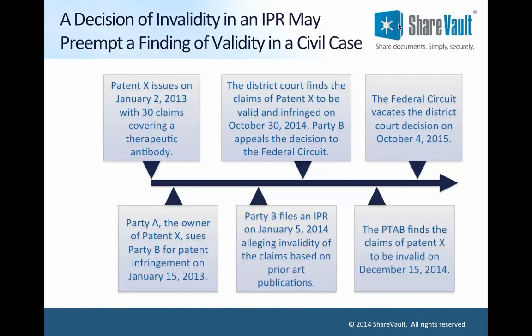So basically there's a patent that issues, in this case to a therapeutic antibody, and the owner of the patent, Party A, sues Party B, who's the defendant, for infringement of using this therapeutic antibody. Party B files an IPR January 5th, 2014, which is in the 1-year period after the complaint has been filed.